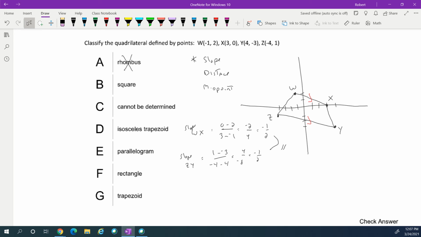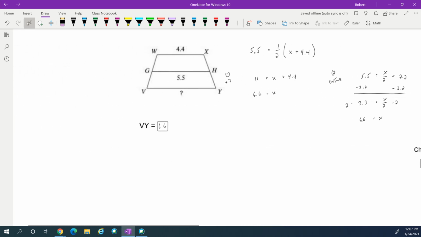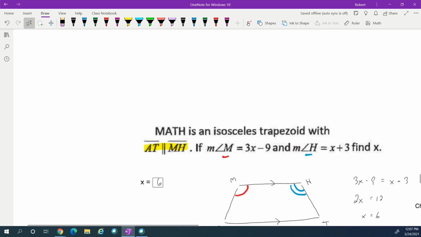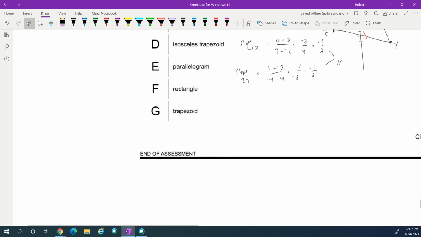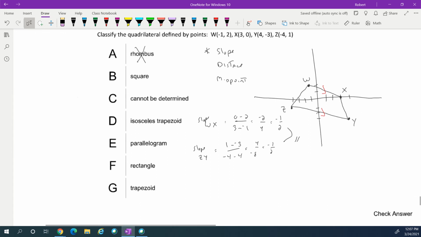It can't be a rhombus because that requires both pairs of opposite sides to be parallel. Now, again, I'm not showing the calculation for WZ and XY, but from the picture, we can see they are definitely not parallel.